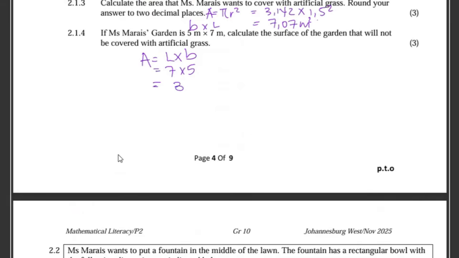The answer became 35 meters squared. Of this 35 meters squared, an area, the one that we've just got here, won't be covered. It will be covered by the grass. That means this 35 minus the area that will be covered. So the answer becomes, don't mind about this because they are both meters squared. Leave them alone. Concentrate on the numbers.